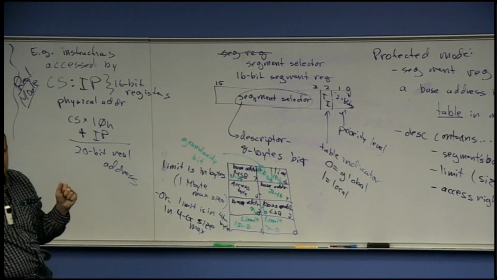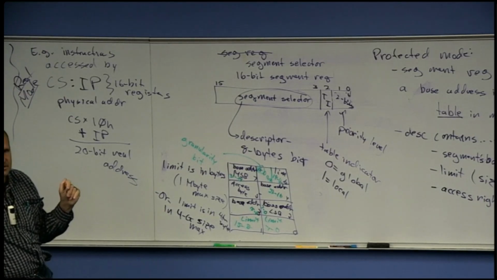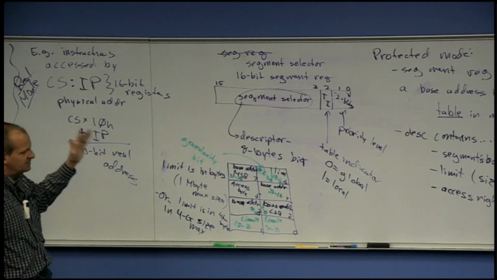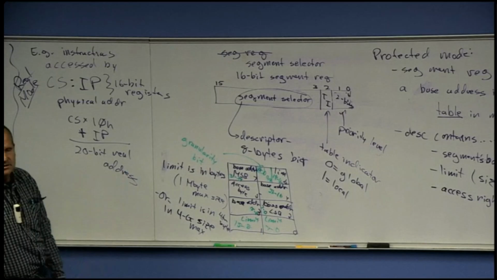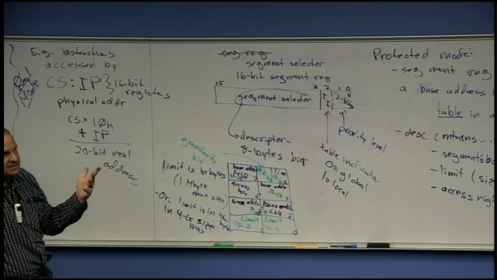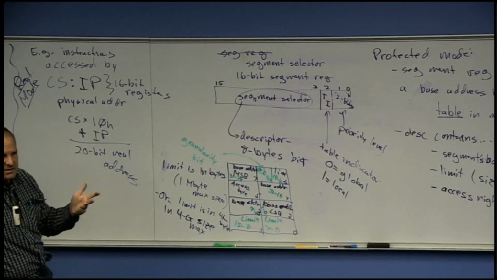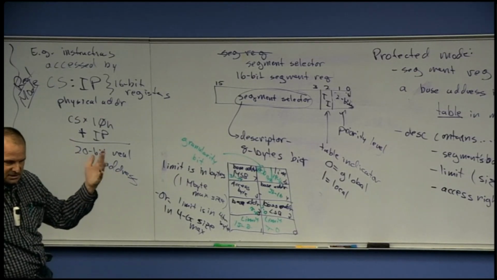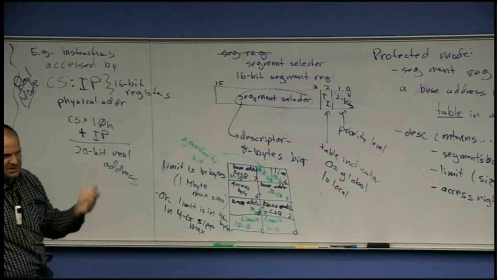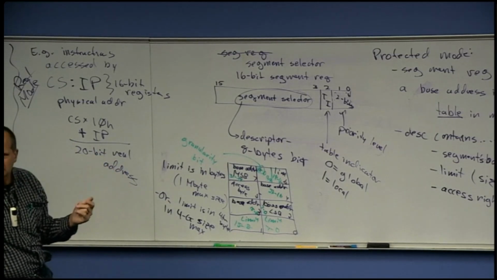Yep. The default is bytes, because most applications don't have any data structure, be it code, be it stack, be it data, that's more than a megabyte. Think about it, right?